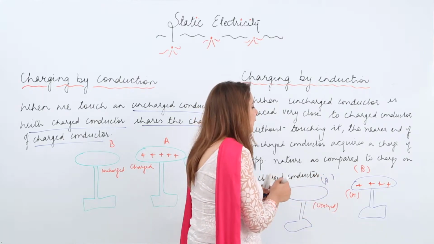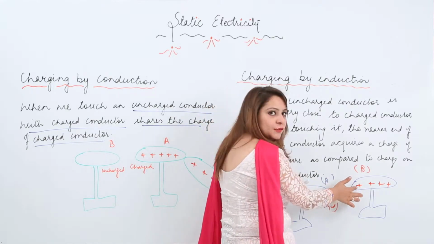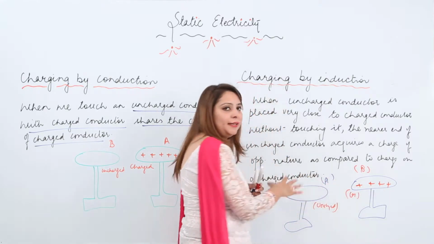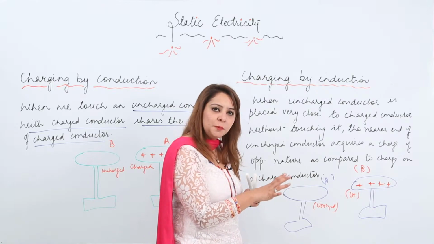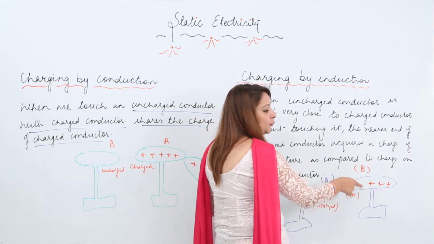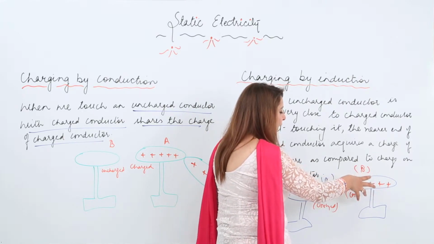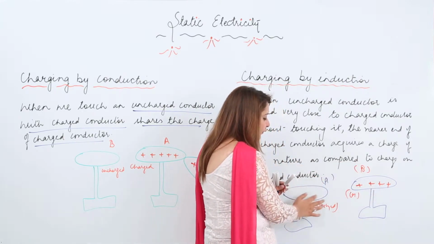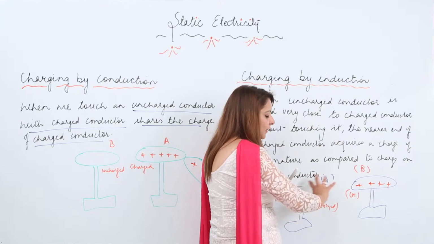Then what happens? This charge is positive, and we know the body contains atoms containing protons and electrons, many atoms which will contain positive and negative charge. Because this is a positive charge, it is going to attract the electrons present in this uncharged body towards itself.